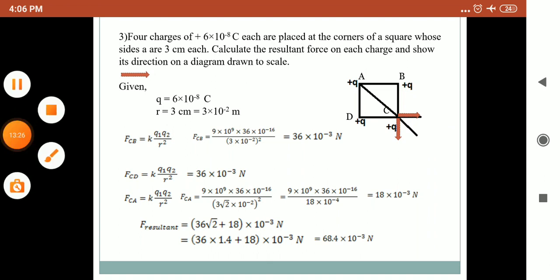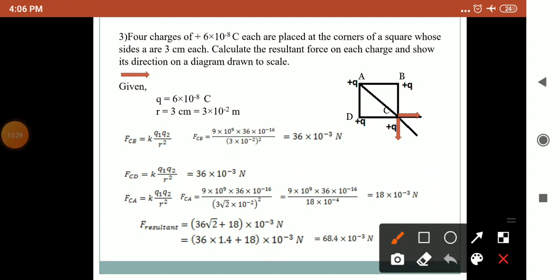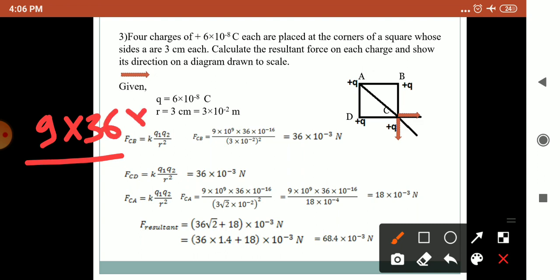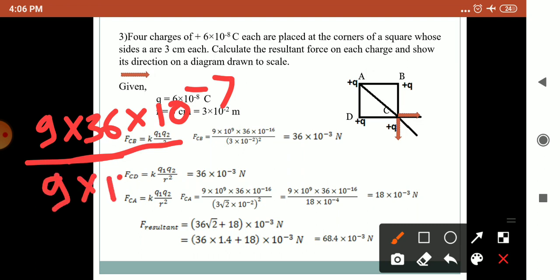So by solving this equation, from this equation, 9 into 36 into 10 raised to 9 and minus 16 will give 10 raised to minus 7, divided by 9 into 10 raised to minus 4.